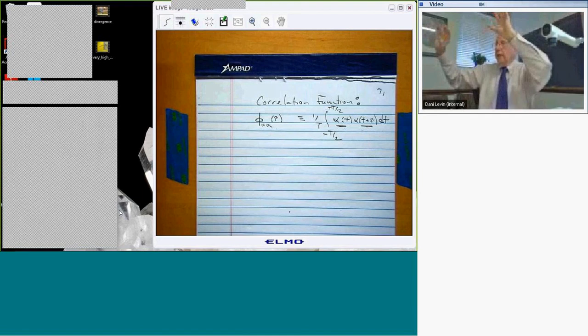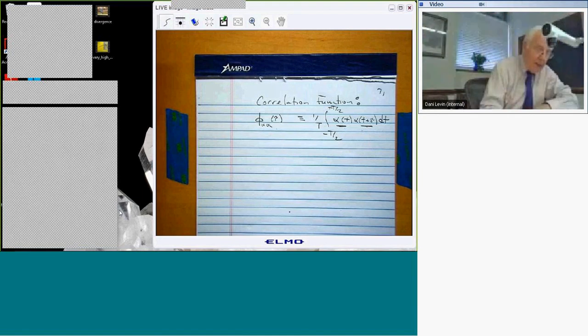For a random function, one expects phi to approach 0 as tau approaches infinity, right?